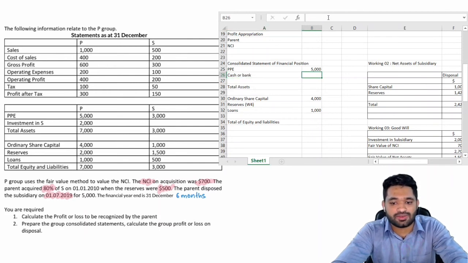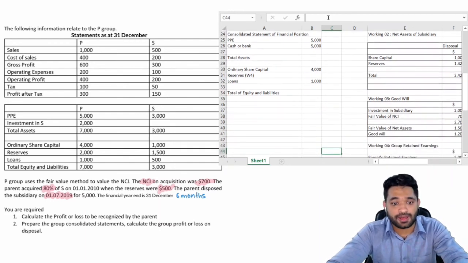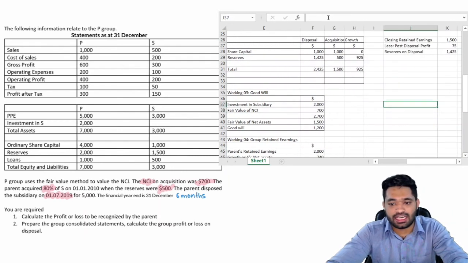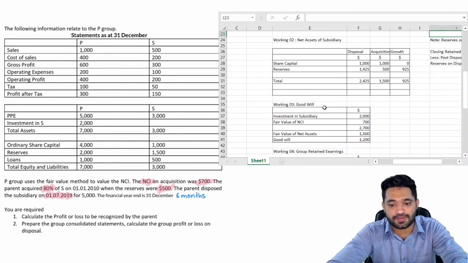So that is going to be 5,000 because that was your proceeds from the disposal. The investment of 2,000, we have removed it straight away. So with that, we are done with all the adjustments. We can finish up our workings.